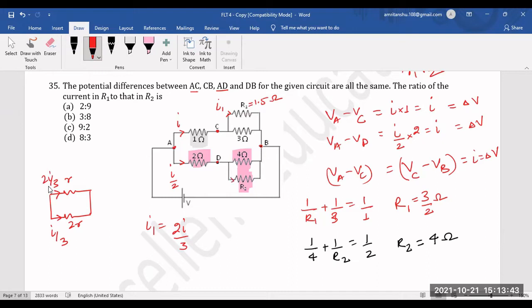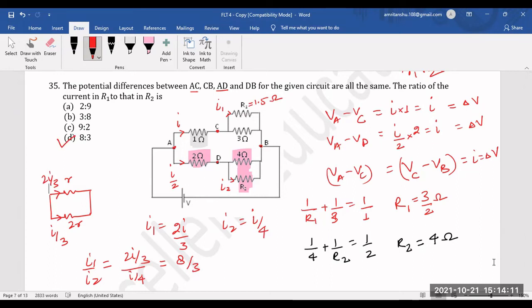So if here was I2 current, I2 is equal to half of I by 2, which is I by 4. So the ratio of currents I1 by I2 comes out to be 2I by 3 upon I by 4, which is 8 by 3. So the correct option is option D here.